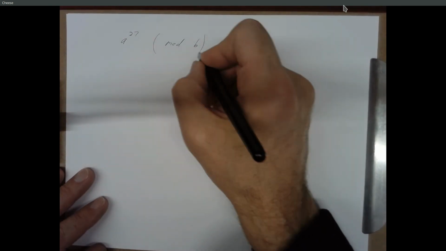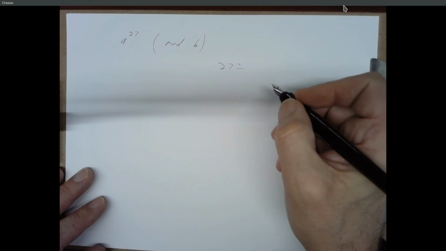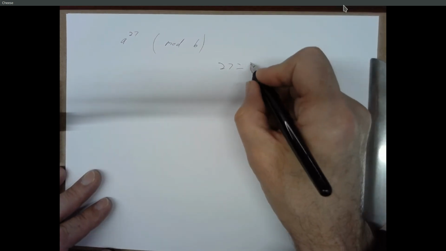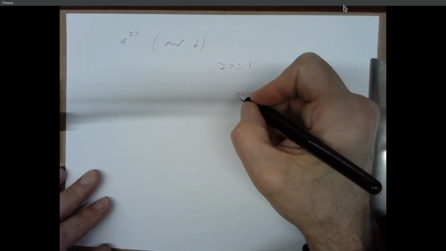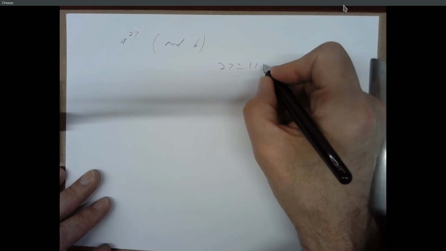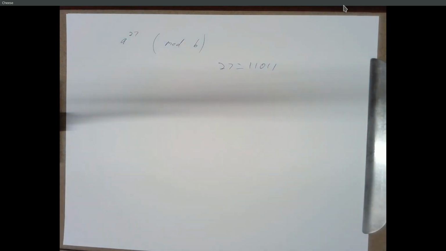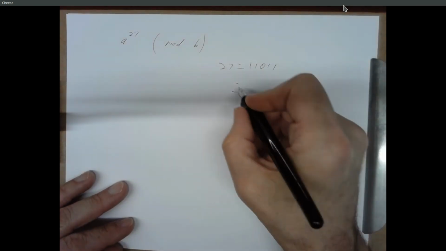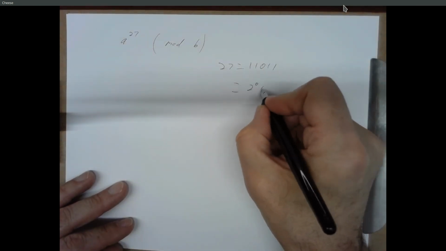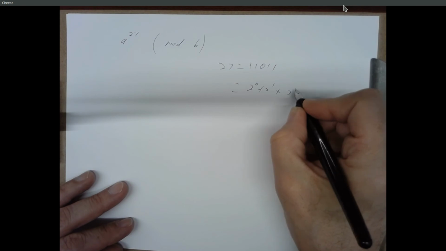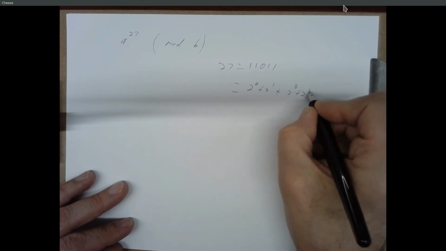The idea was, think of 27 as a binary number. So it's 16 plus 8 plus 2 plus 1, which tells us that 27 is equal to 2 to the 0 plus 2 to the 1 plus 2 to the 3 plus 2 to the 4th.